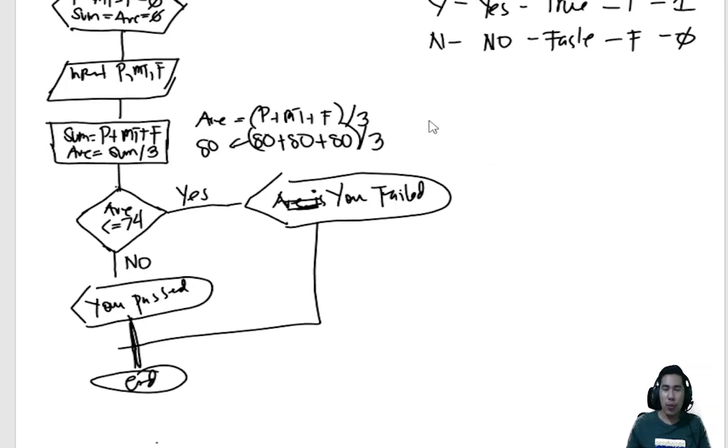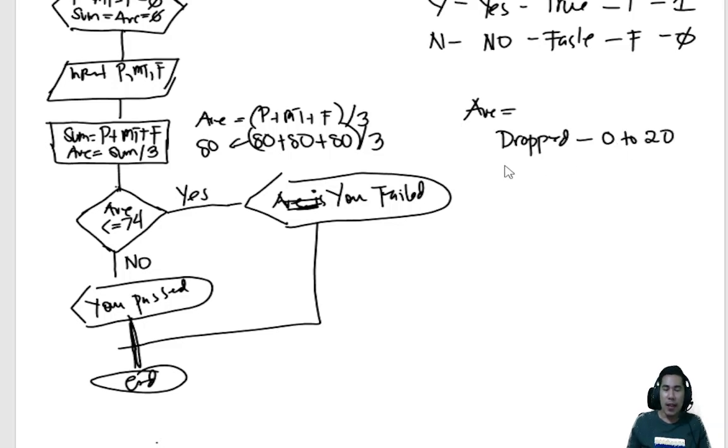Let's say for an instance, you want to know whether your average belongs to drop, let's say between 0 and 20.